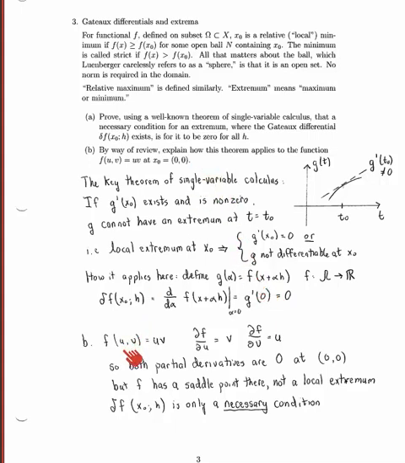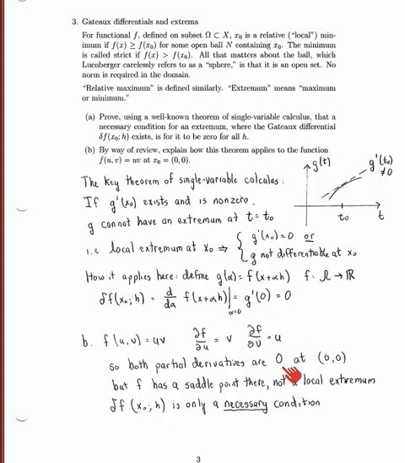A word of warning. Let's try applying this to the function of two variables f of u and v equal to u times v. In that case, the Gateaux differential with respect to the first standard basis vector is equal to v. With respect to the second standard basis vector, it's equal to u.